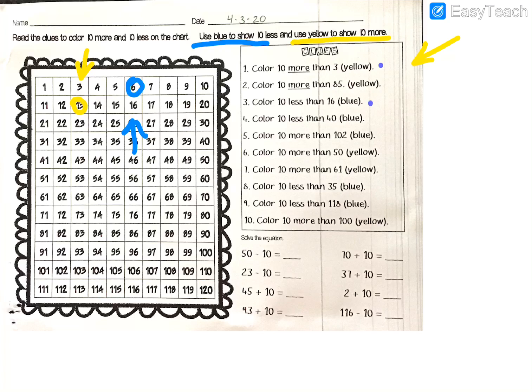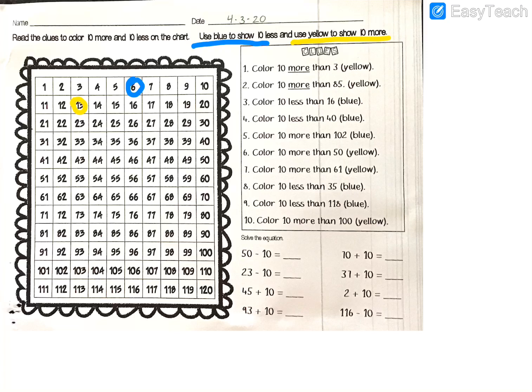All we're going to do is read what the instructions say over here, 1, 2, 3, 4, all the way down to number 10, coloring 10 more and 10 less with our blue and yellow crayons. Now, I didn't color mine in all the way, but I want you to make sure you are coloring yours in very nice and neat, staying within the squares, unlike I did right here. I want you to make sure that it's looking nice and neat so we can check it on Monday.